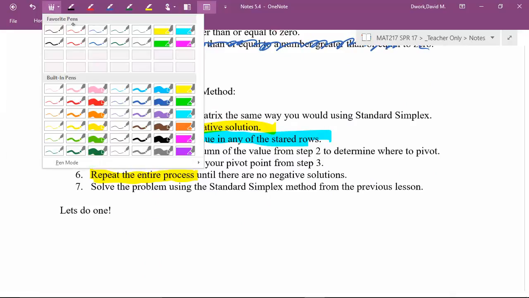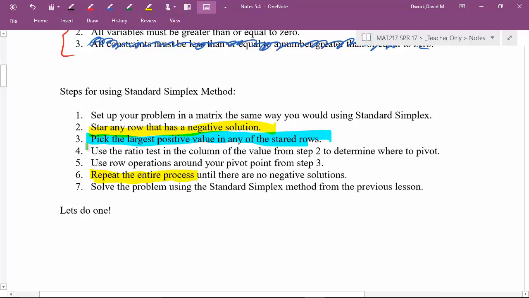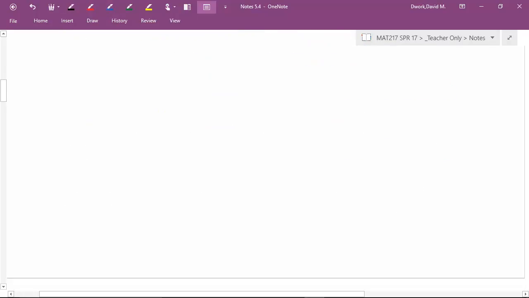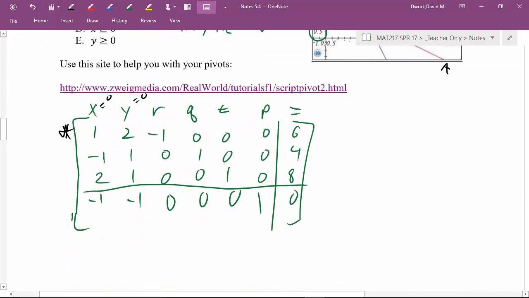That's it. Okay, next, use the ratio test in the column from the value in step 2 to determine where to pivot. All right, translation, just like standard simplex, what we have done is picked our column. We said this 2 has the largest value, so now I'm going to pivot in this column.